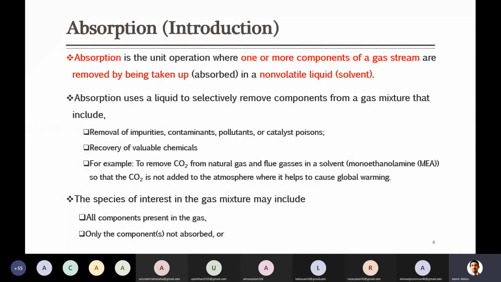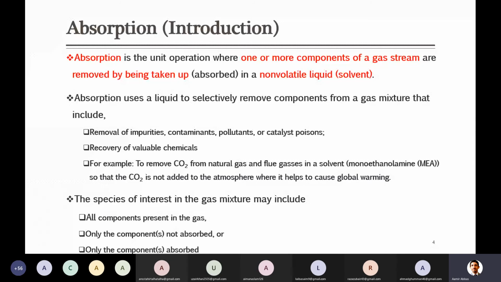For example, in this case of removal of carbon dioxide from natural gas, when we have removed CO2, all the other gas leaving the system is of our interest, because that is used for burning purposes. And sometimes only the components which are absorbed can be of benefit.